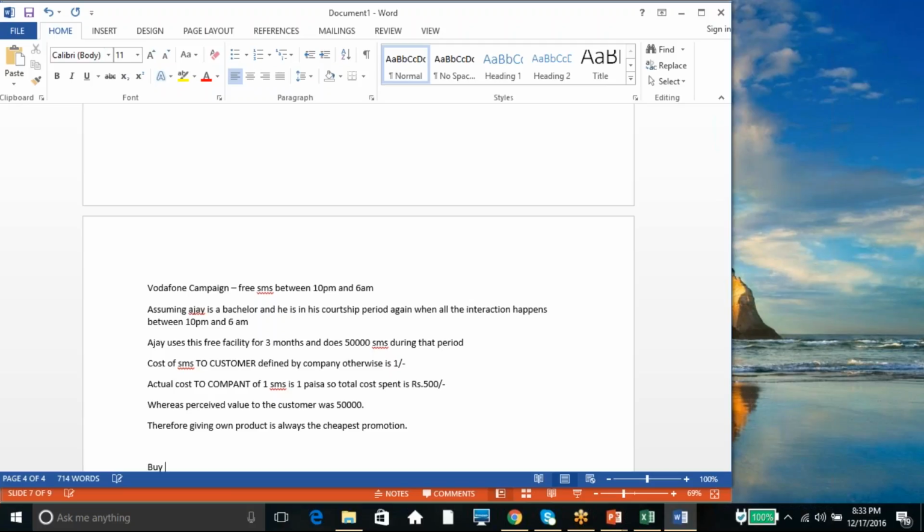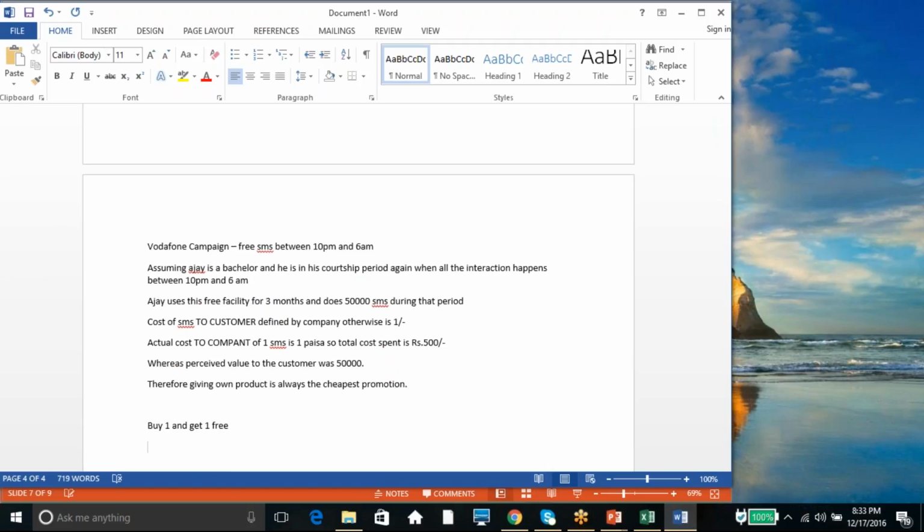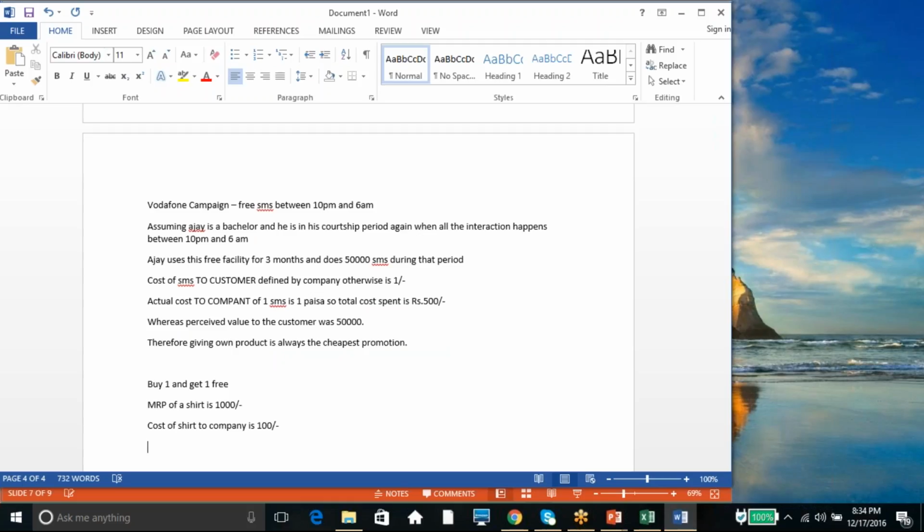Okay, so when you say buy one and get one free, and MRP of a shirt is 1000. Okay, cost of shirt to company is 100. Then what is the acquisition cost?